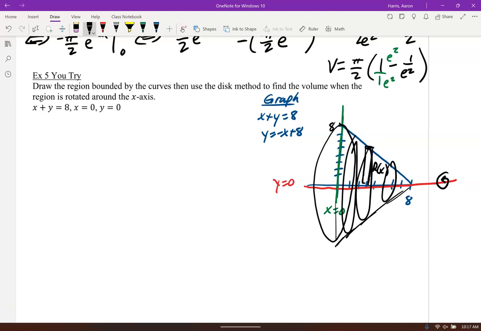So your volume setup would be pi times the radius of the disk squared dx. We're going from x being 0 to x being 8, adding all those up, a to b, so that'll be from 0 to 8.